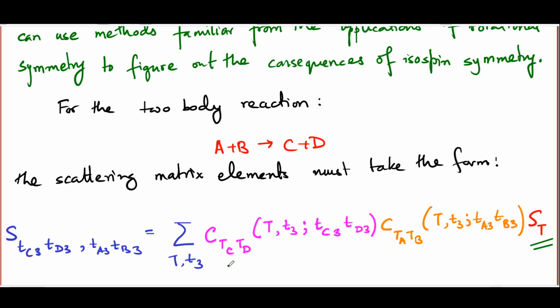As you can see, this scattering matrix element is now completely determined essentially by these numbers, which are familiar Clebsch-Gordan coefficients from the addition of angular momenta, and this one parameter S_T, which is a common parameter for all T3 values, depends only on the total isospin angular momentum, so capital T.